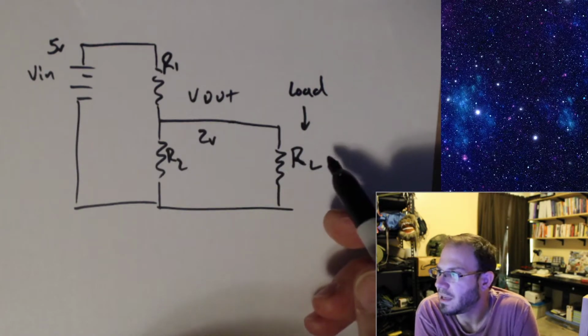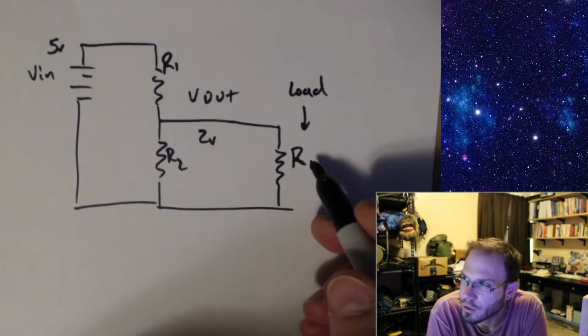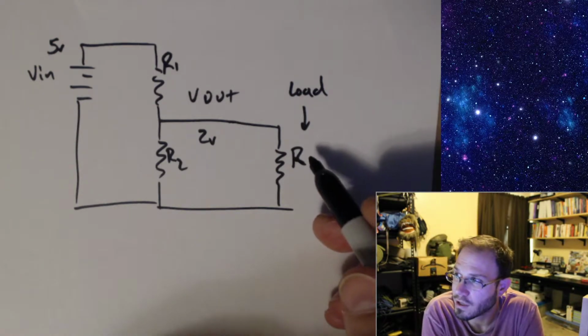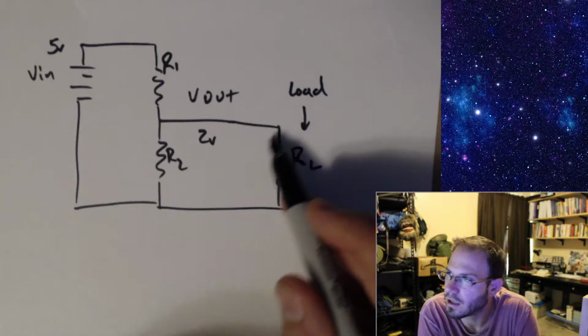So a load, something like an LED, a microcontroller, or if you want to go bigger, your light bulb in the house. All of these can be considered loads.